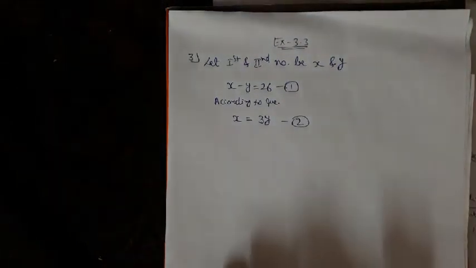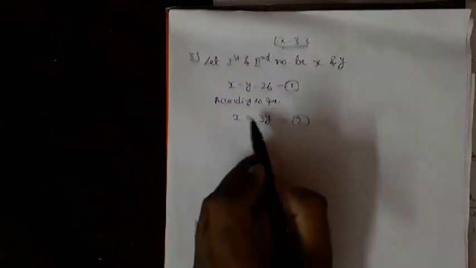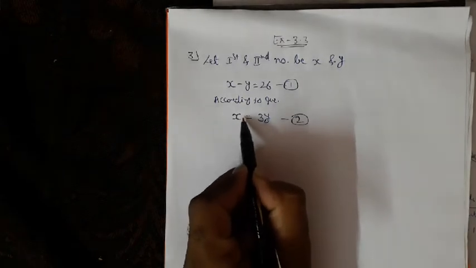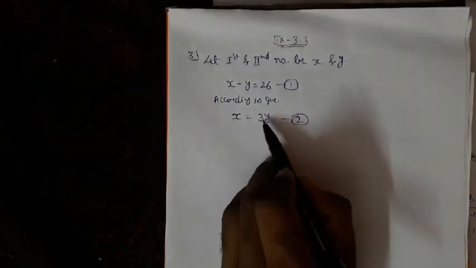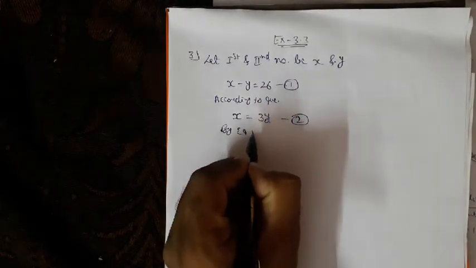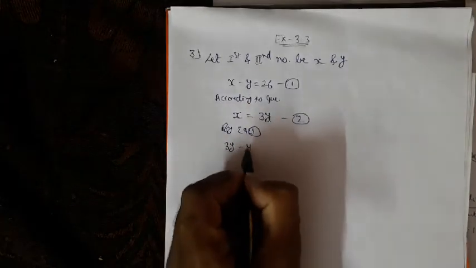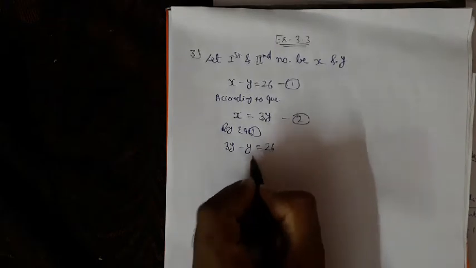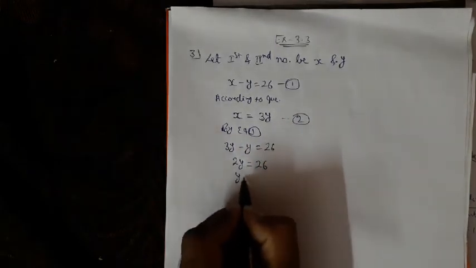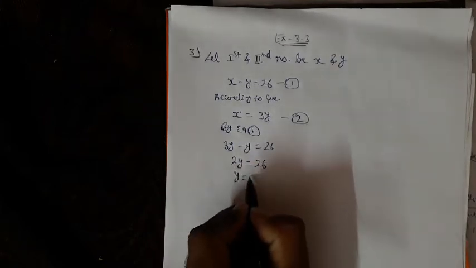We have to solve this by using substitution method. Here we don't need to find the value of x or y, because we already have the value of x, 3y. This value we will put in equation first. So by equation first, instead of x I put 3y, minus y is already there, equals 26. 3y minus y gives 2y equals 26, and when I find the value of y, 2 divides 26, 13 times.